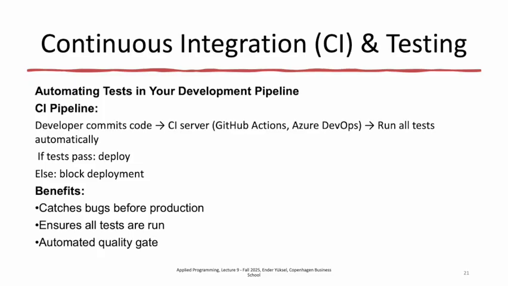The faster you find a bug, the easier it is to fix because the code is still fresh in your mind. Confidence to deploy. With a green CI build, which means all tests are passing, you can deploy with confidence. You know the code works because hundreds or thousands of automated tests just verified it.